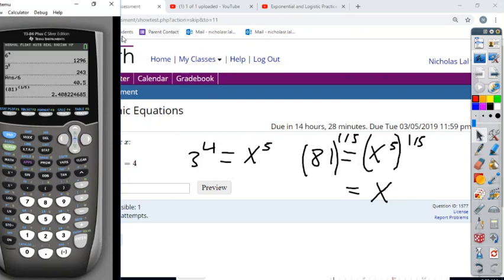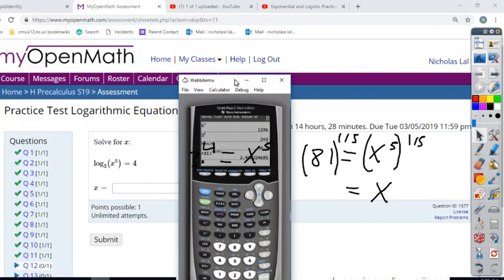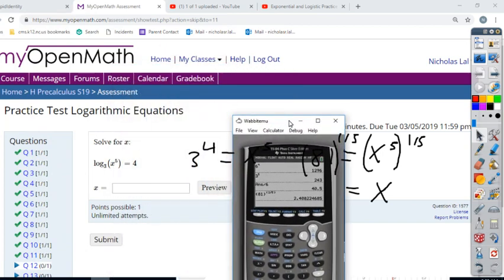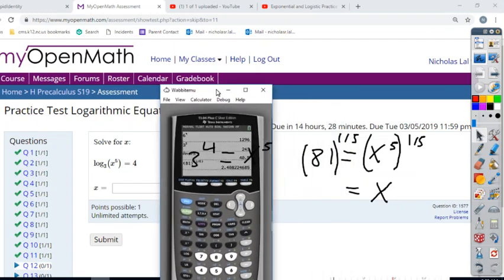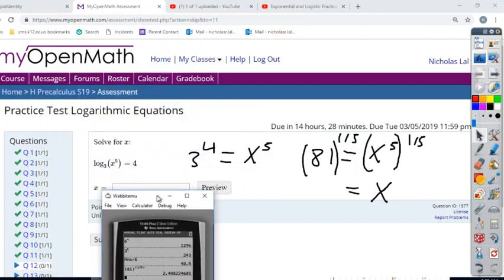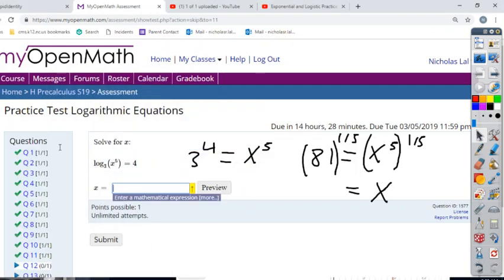Unmute microphone. 81 to the 1/5 power is 3 times 3 is 9, times 3 is 27, times 3 is 81. Okay, is 2.40. Perhaps they want it in perfect form. 81 to the 1/5. All right.